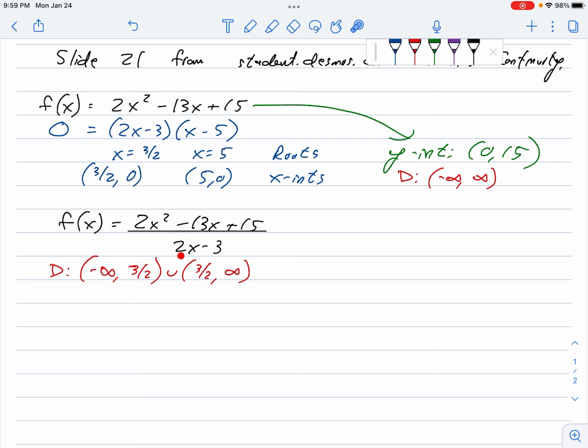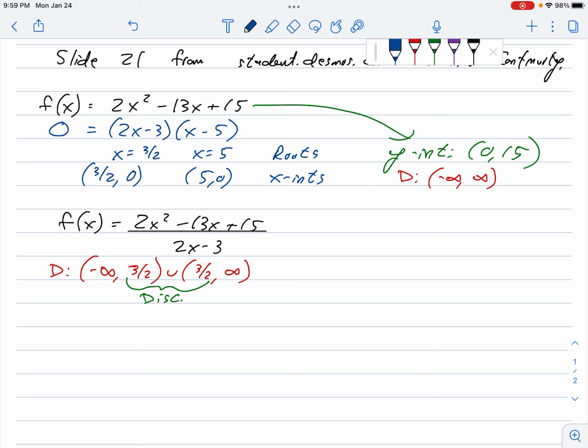The only thing I'm trying to do is figure out what makes this fraction equal to 0 on the bottom. That would be 3/2, and I'm skipping the one number 3/2. Because I skipped the number 3/2, I know that this is a discontinuity somewhere. If I'm skipping a number, there's a reason, and that's because it messes up my graph.